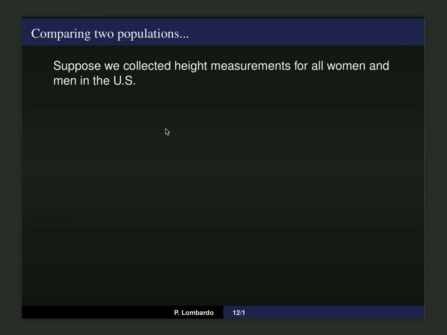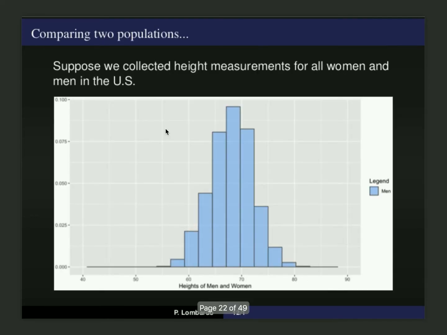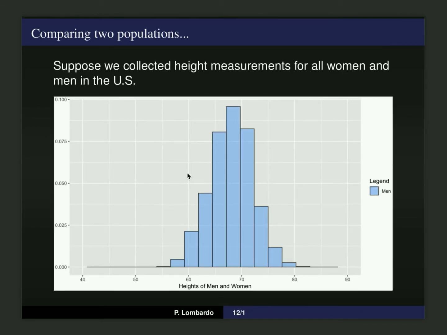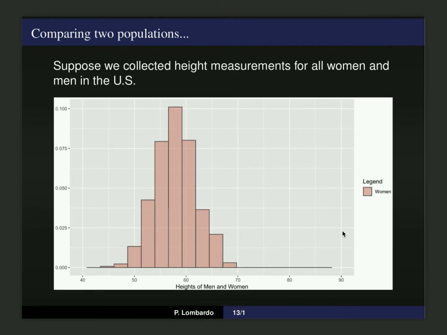Suppose we collected all the height measurements for women and men in the United States. Now, if we separate this out and just consider the men, we might get a population level histogram that looks like this. Most men are about 5'8", so we see the highest bar here at about 68 inches. And we have some that are shorter, some that are taller. We can also separate out the women, and in this case, we would see, again, a normally distributed population here.